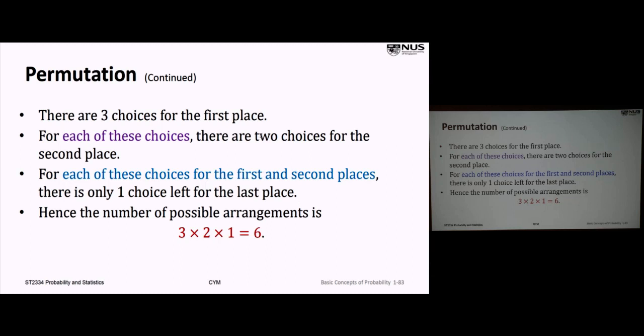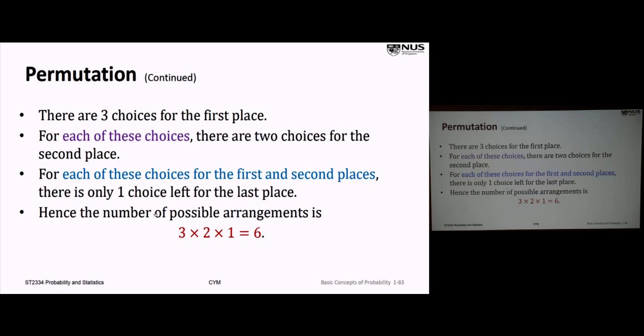Now my second experiment is choosing from the resulting 2 left over, so I have 2 choices, so that's 3 times 2. And at the end, I only have 1 choice. So the number of possible outcomes in this experiment is 3 times 2 times 1, and it exactly corresponds to the number of permutations of 3 objects, the number of ways I can pick 3 from 3 items and arrange them in any possible order.